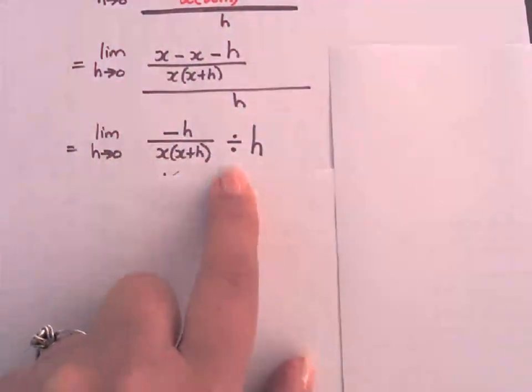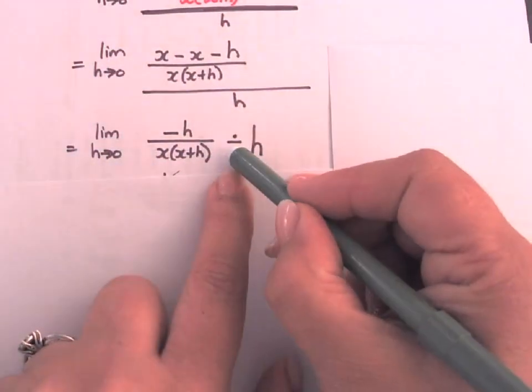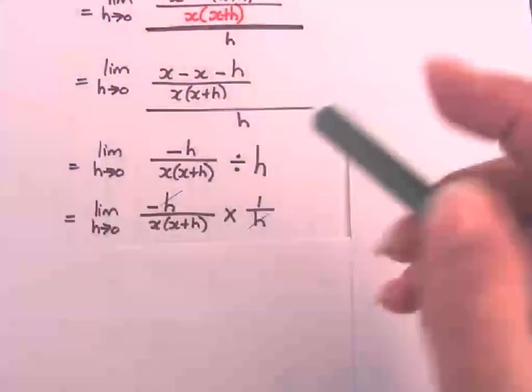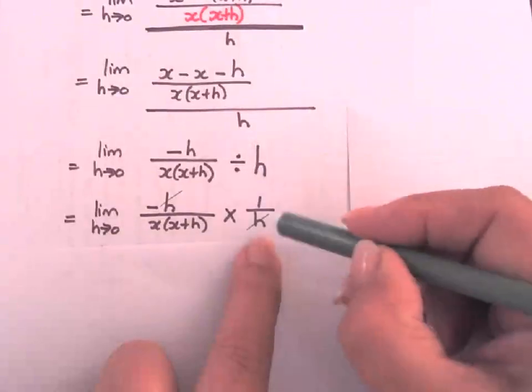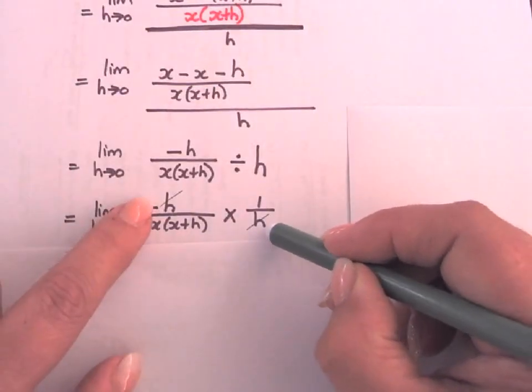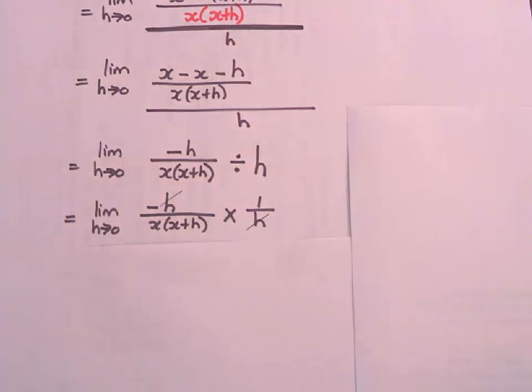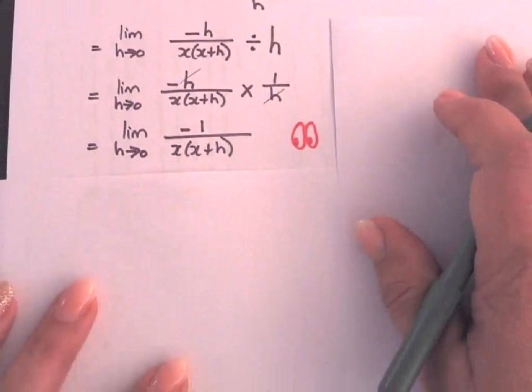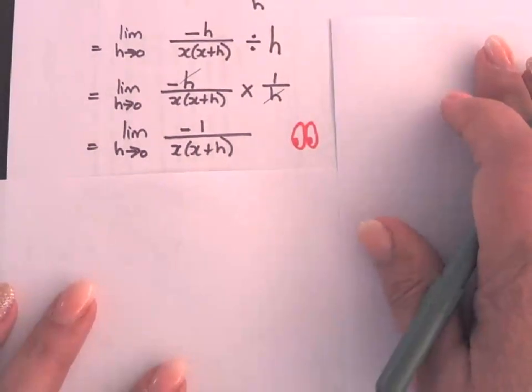Then we go back to grade 4. When you divide with fractions, the divide becomes a multiply, and this h, you get the reciprocal. Now you can cancel out the h's. And then you are left with minus 1 over x times x plus h.